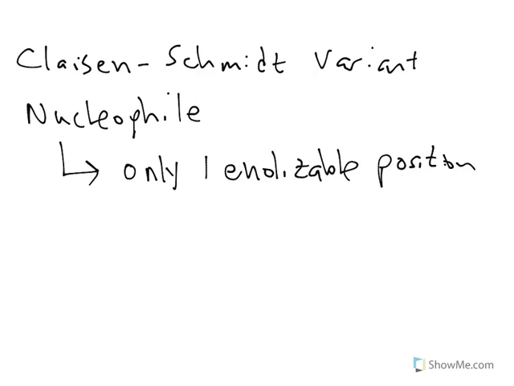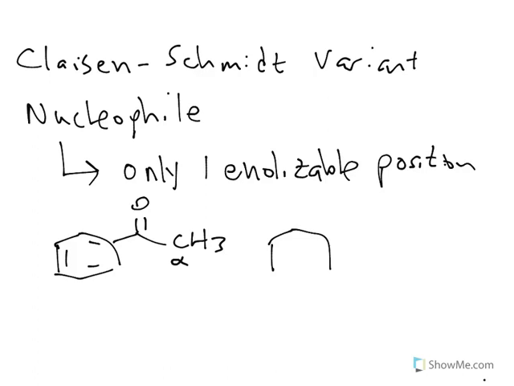Now, note that when I say one enolizable position, I'm talking about one unique enolizable position. So what I mean by that, if we had acetophenone, this one works quite well, because we can enolize there and only there. If we use cyclohexanone, we're going to have an enolizable position there, but this is an identical enolizable position.